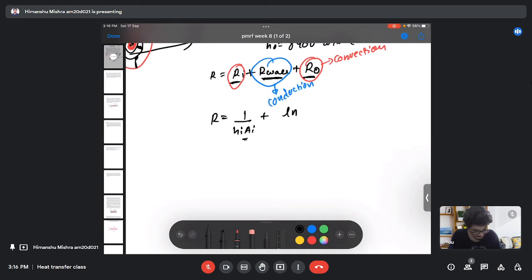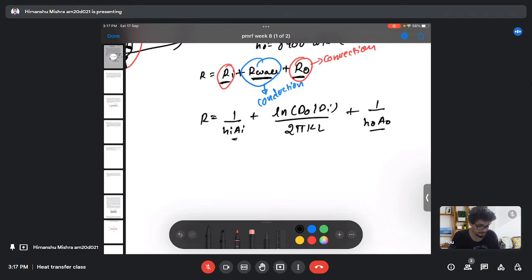So the resistance for such a wall will be given by this. This is my outer resistance, which the outer flow is experiencing. So now we just need to put in the values of HI, H naught, and other parameters like the diameter, thermal conductivity, and length.